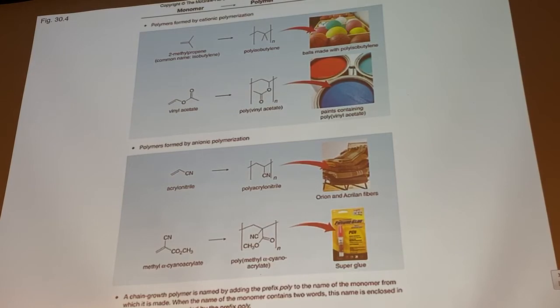So, as you might imagine, if we have an electron withdrawing group as Z, did you have a question? Okay. If you have an electron withdrawing group as Z, that electron withdrawing group would stabilize an anionic intermediate. So a monomer with an electron withdrawing Z group is going to be well suited for an anionic polymerization reaction.